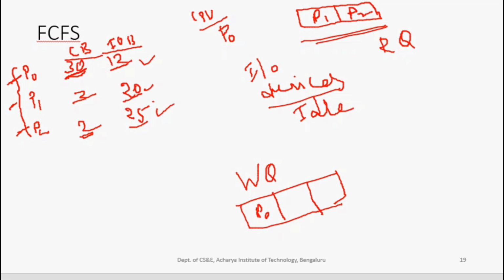P1 and P2 also complete quickly because they are IO bound processes with very small CPU burst times, so they quickly complete and come to the waiting queue. Let's assume that this waiting queue appears like this. Now all of them are doing what?